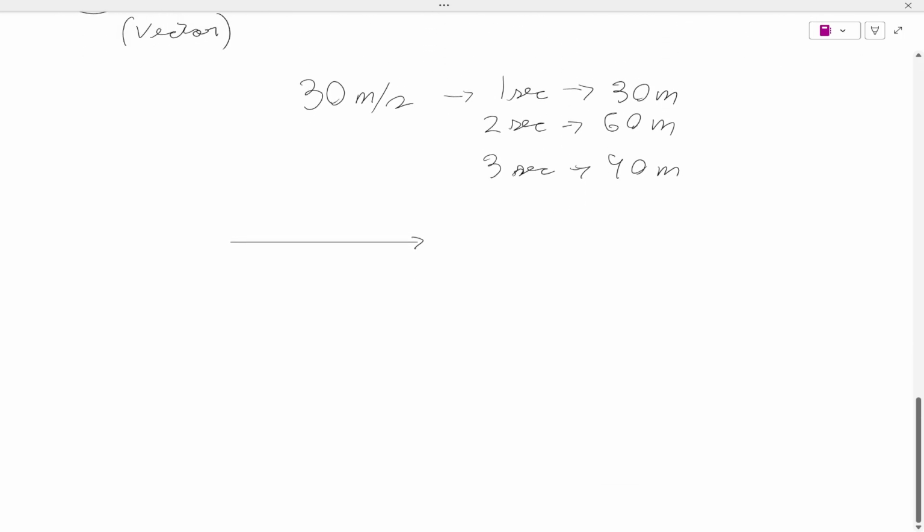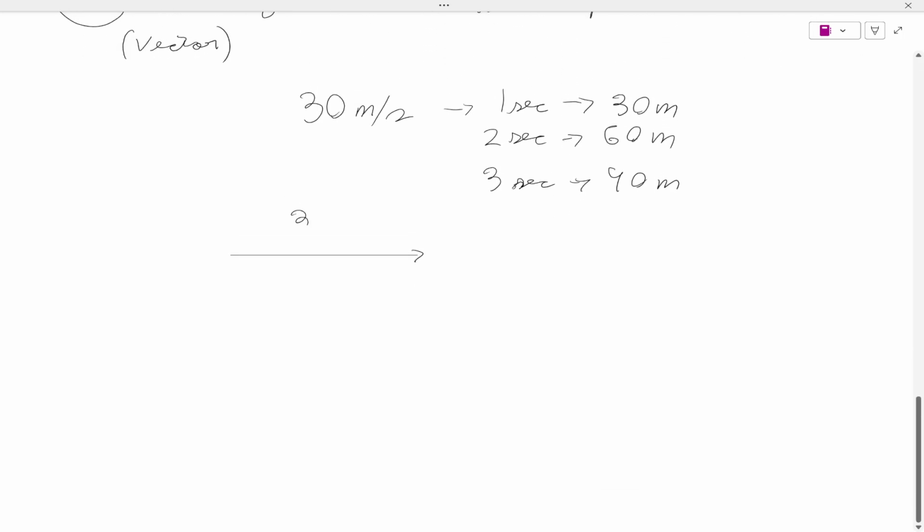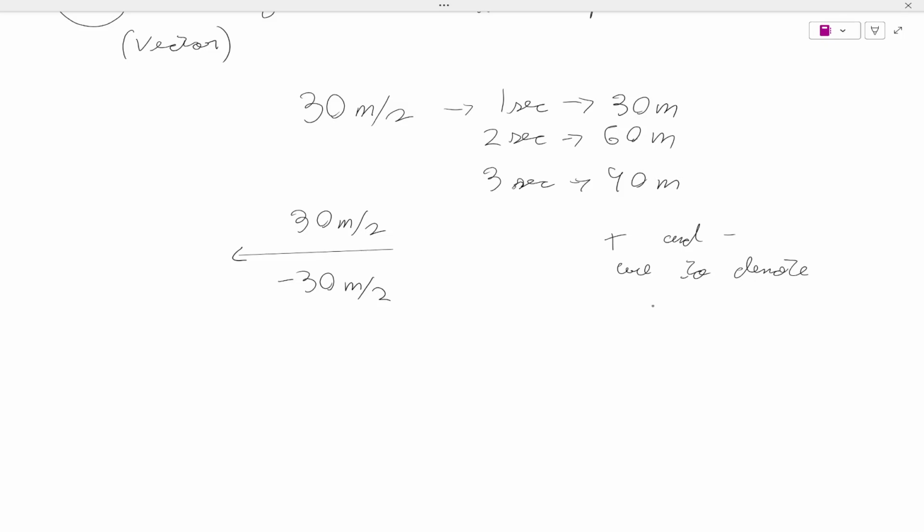So I could be going 30 meters per second in one direction, but my velocity would be negative 30 meters per second because I'm going to the left, okay? So this is quite important. Positive and negative are to denote directions.